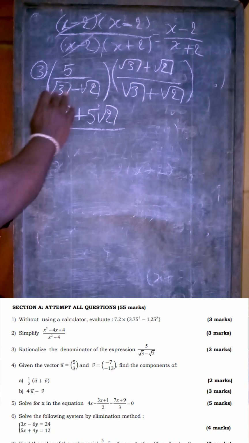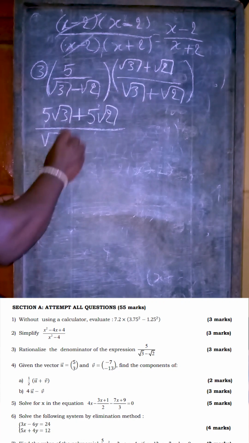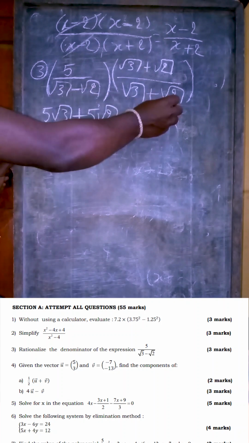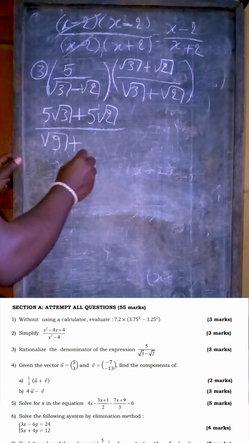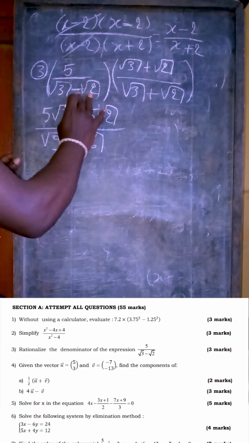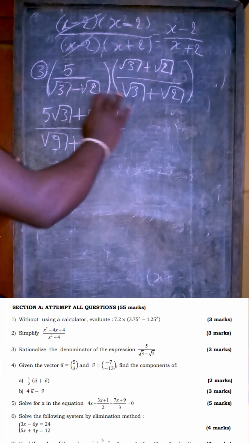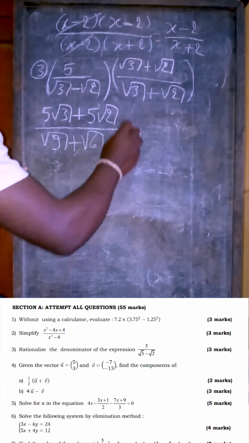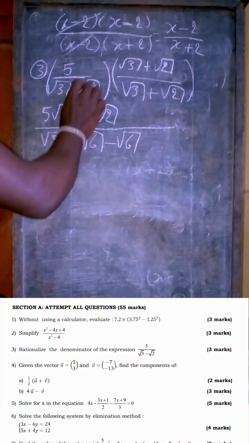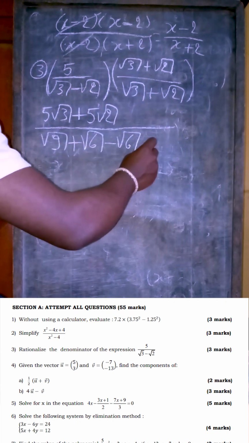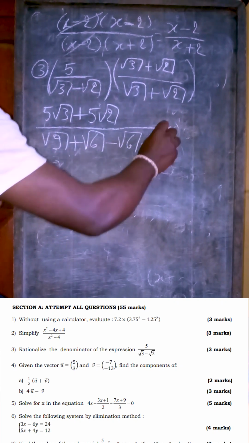Square root of 3 times square root of 3 will be square root of 9, of course. Square root of 3 times square root of 2 will be plus square root of 6. Then minus square root of 2 times square root of 3 will be minus square root of 6, of course. Minus square root of 2 times square root of 2 will be minus square root of 4.